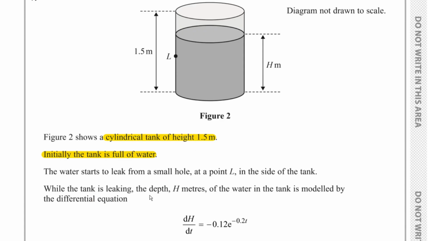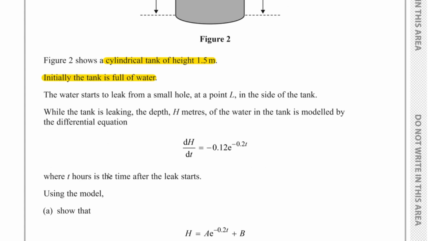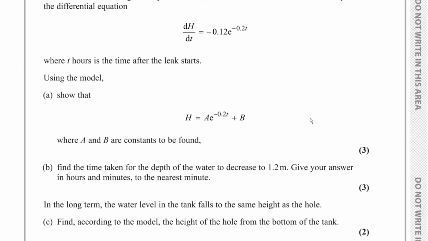While the tank is leaking, the depth h meters of the water in the tank is modelled by the differential equation dh over dt equals negative 0.12 e to the negative 0.2t, where t hours is the time after the leak starts.